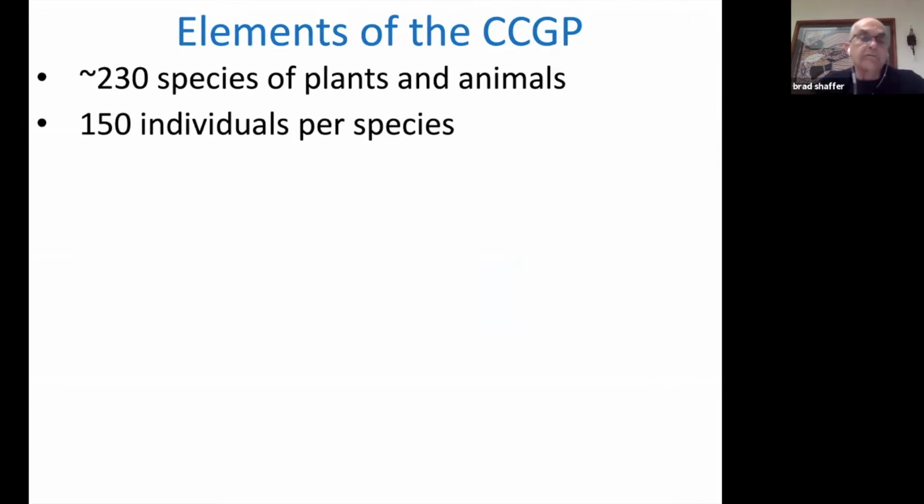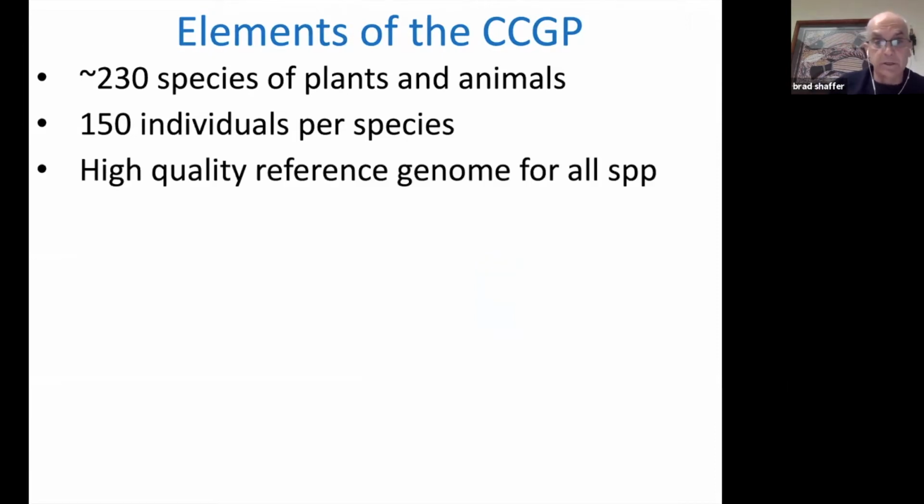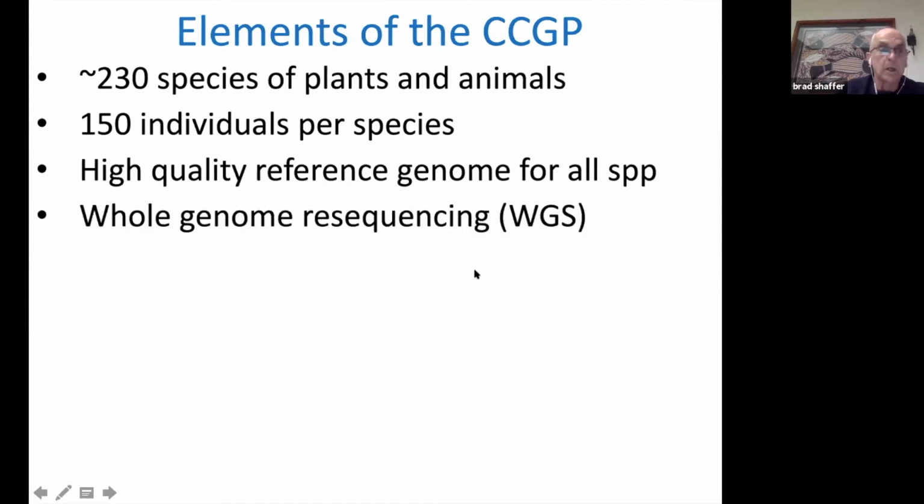We're looking at 150 individuals per species, creating a high quality reference genome for each of those species groups, not for each species, but for each collection of closely related species. And whole genome resequencing for those 150 individuals for each of those roughly 130 projects.